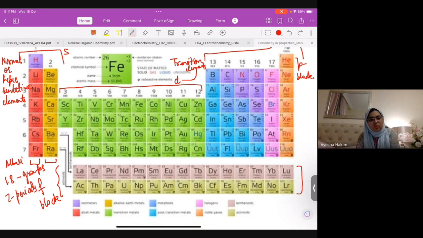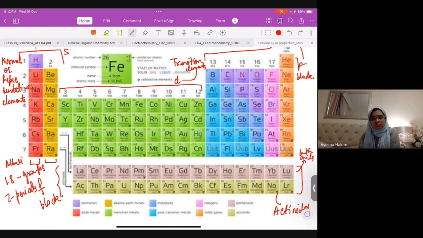The first light pink that you are seeing, that is the lanthanide. And the green one that you are seeing, these are called actinide. Like S block element, alkali and alkaline group has a common name, which is normal elements or representative elements. Similarly, lanthanides and actinides combination is also given a common name. Do you know what?